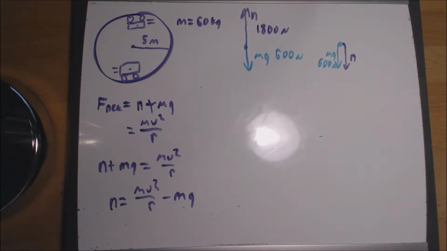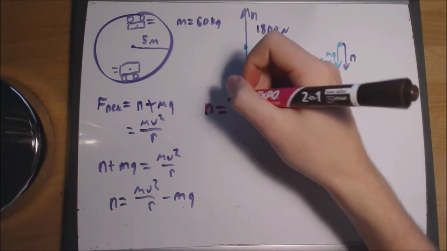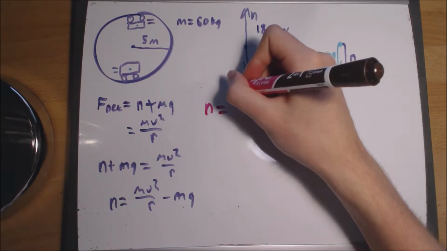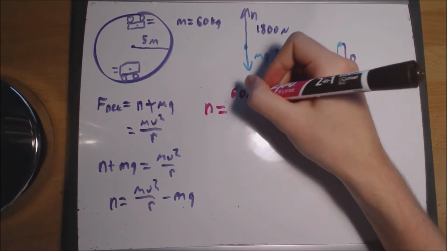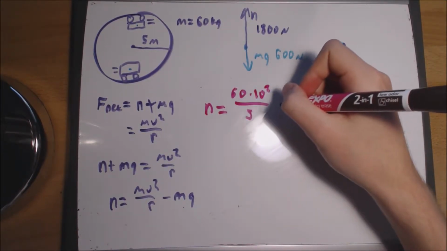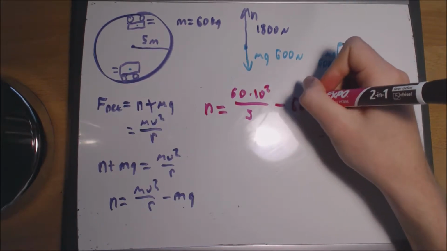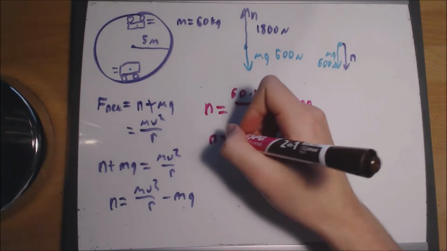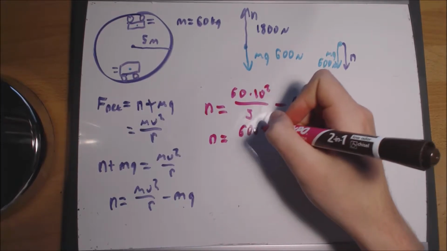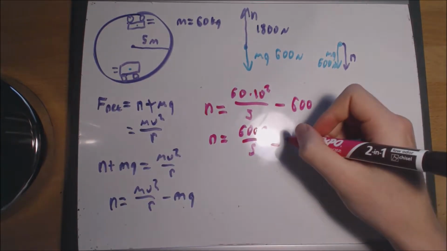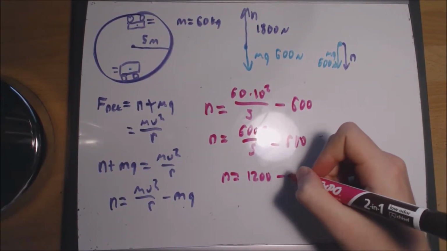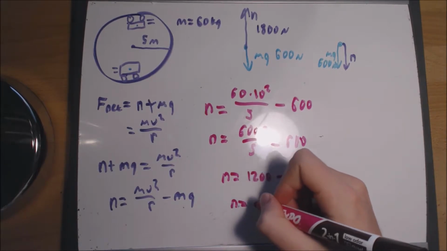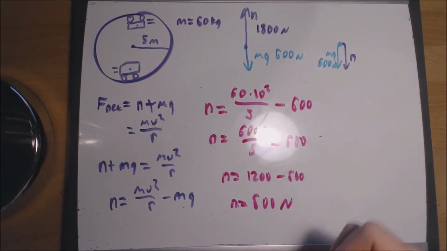N equals m, 60, v squared is 10 squared, over r, which is 5, minus mg, which is 600. So this gives us N is equal to 6,000 over 5 minus 600. N is equal to 1,200 minus 600. N is equal to 600 newtons.